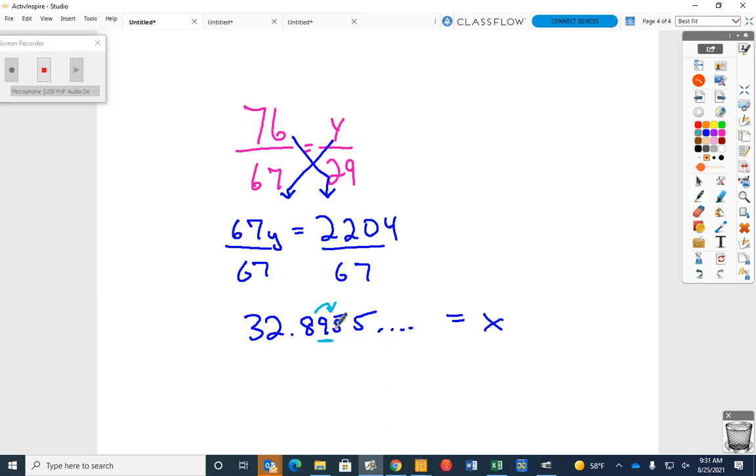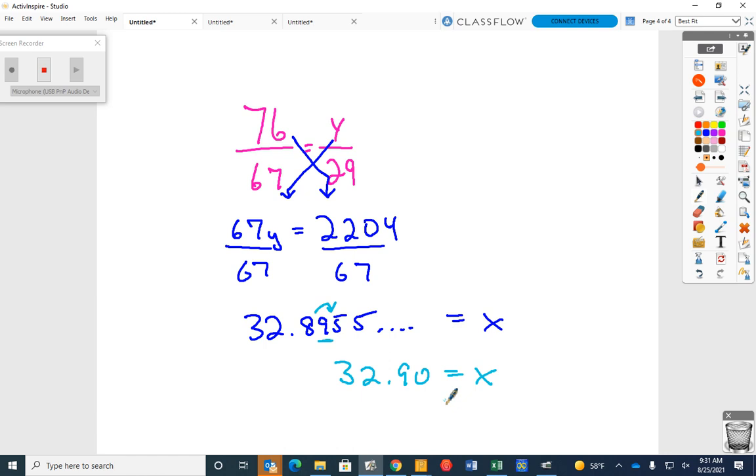If that is 5 or greater, we add 1 to it, right? So if we add 1, this becomes a 0, so then we move over and add 1 to that. So we can say x equals 32.90. Does that make sense how we got that?